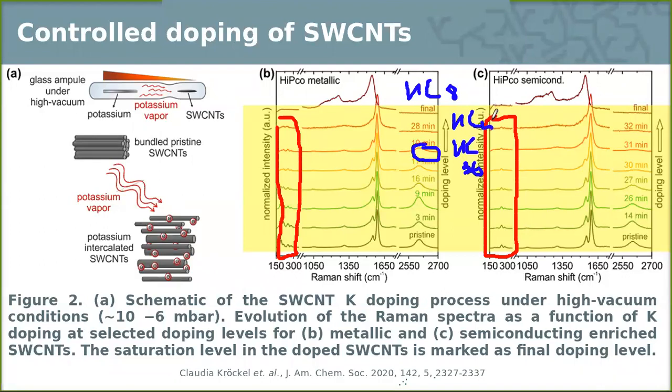And this is something that we have been presenting in the literature for the past few years. So we know roughly the concentration of potassium per carbon atom on the sample by reading the 2D line and the shift of the G line as a function of doping.